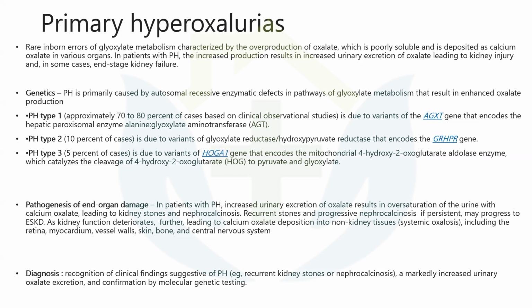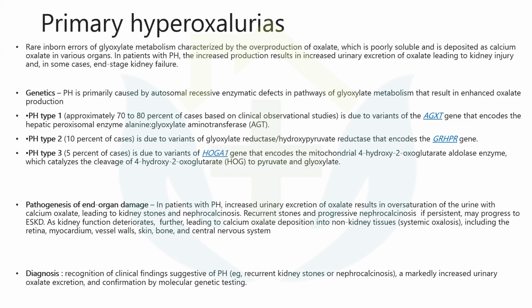So the main issue is that in primary hyperoxaluria, there is increased excretion when oxalate formation is more. This comes in the urine, and oversaturation, like with cysteine, also happens here, causing calcium oxalate stones, and oxalate stones are very sharp.